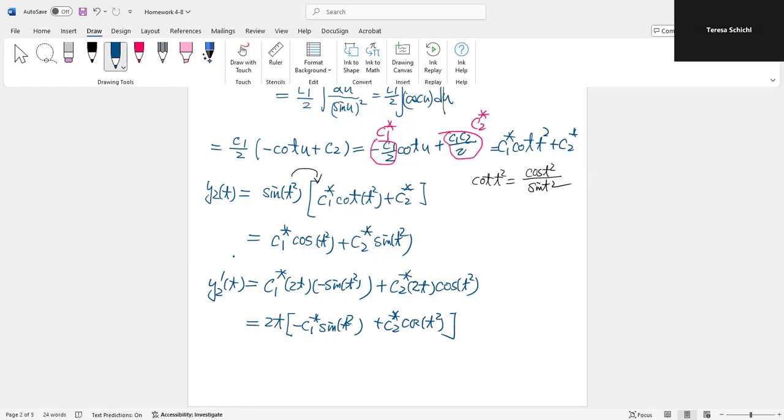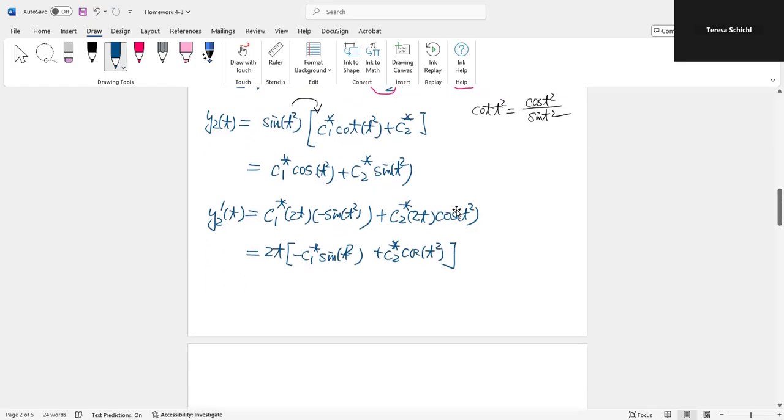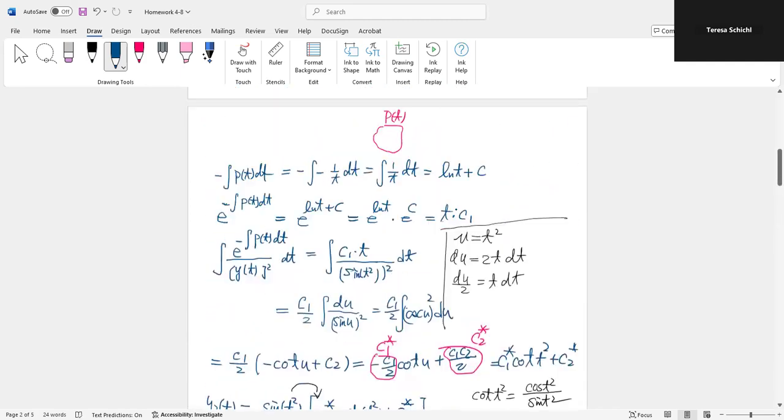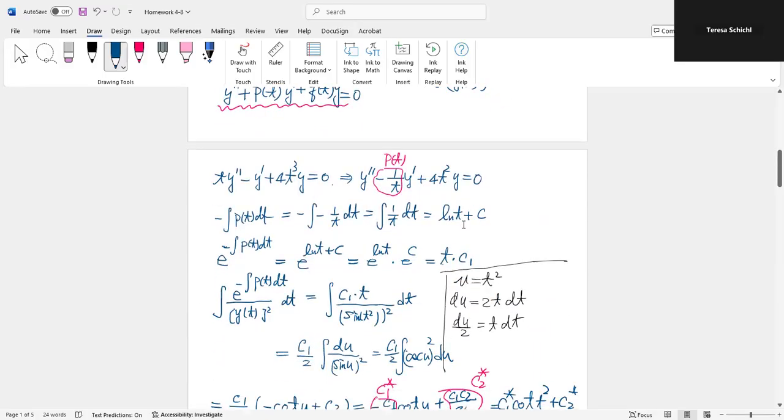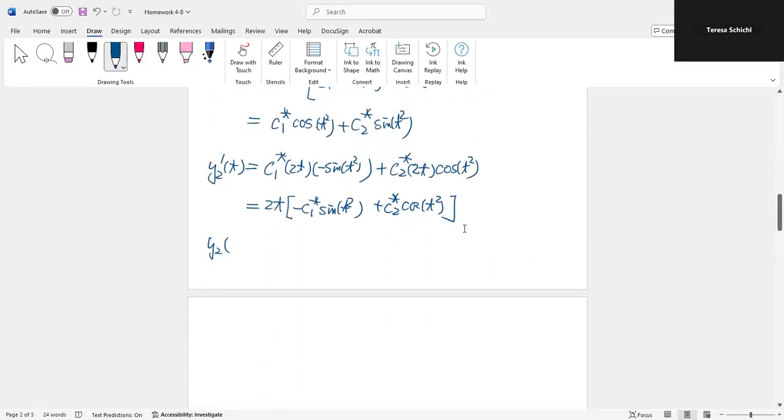Okay, so now I can substitute my initial values here. What is my initial condition? y2 of square root of pi over 2 is equal to 0. So I just substitute into y2.